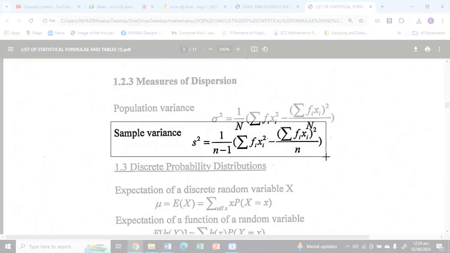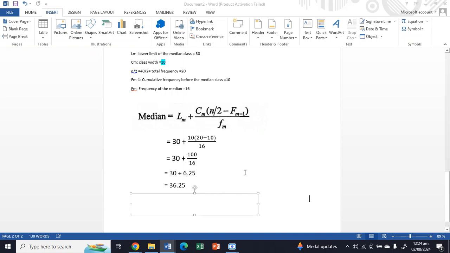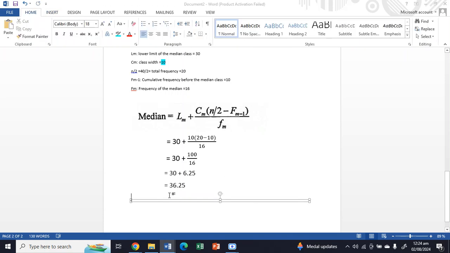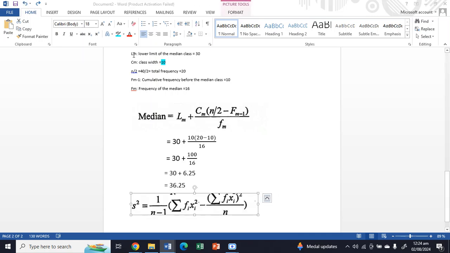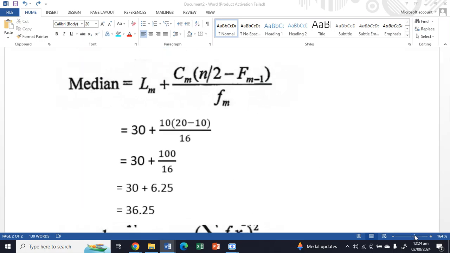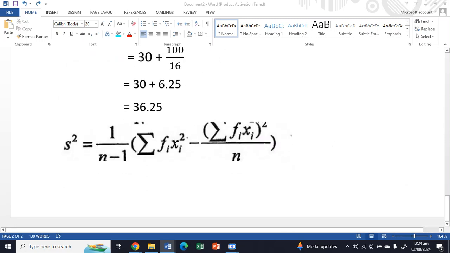This n squared from the other formula is disturbing. N total frequency. Here we have summation of f times x squared.